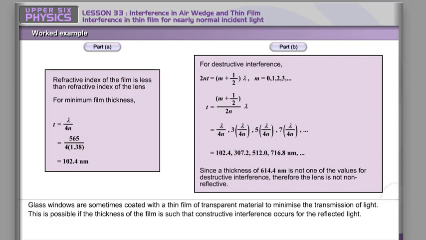Glass windows are sometimes coated with a thin film of transparent material to minimize the transmission of light. This is possible if the thickness of the film is such that constructive interference occurs for the reflected light.